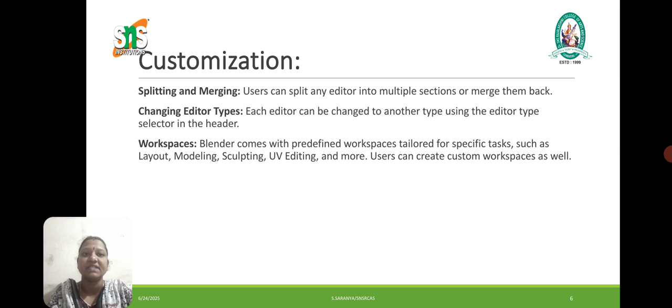Splitting and merging is nothing but we can add one more Blender screen, or we can merge two or more Blender screens together, and we can edit the editor types according to custom needs by changing the editor settings.